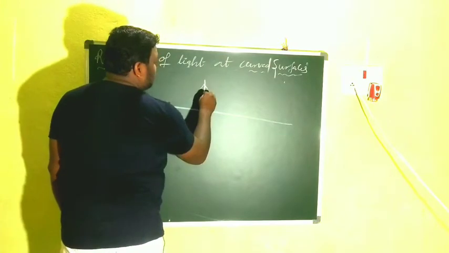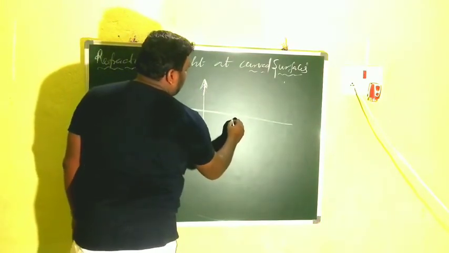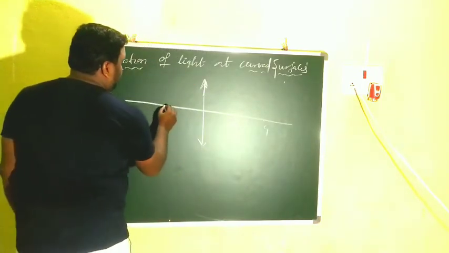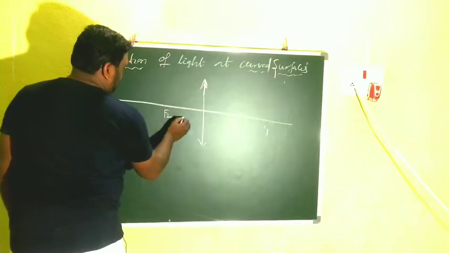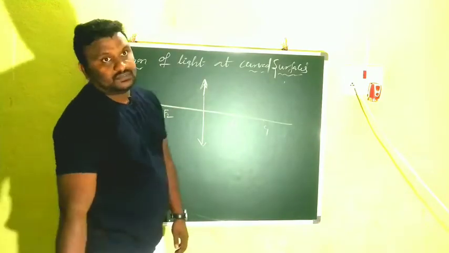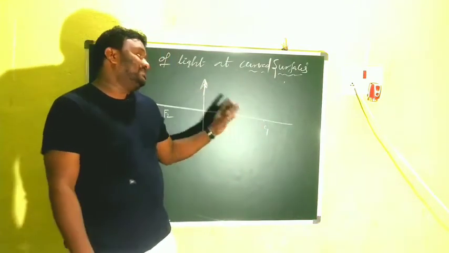For a biconvex lens, on the right side you have F1 and C1, and on this side F2 and C2 will be there. Clear? The double-headed arrow is there, that's why it is a biconvex lens. And this is the principal axis.